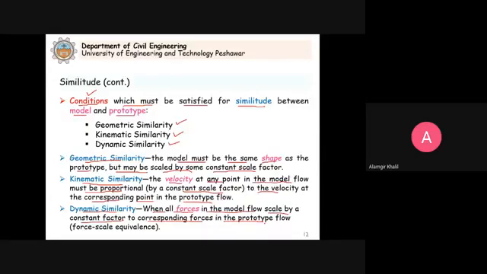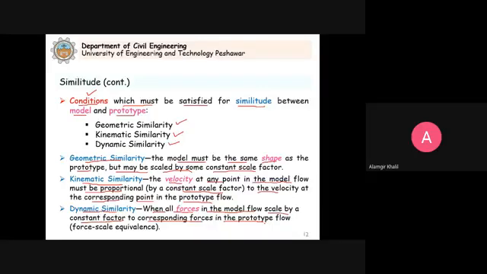So it means that when we have laminar flow in the prototype, in the model we should also have laminar flow. Because if in the model we have laminar flow and in the prototype we have turbulent flow conditions, then your results will not be accurate if you transfer the results from the model to the prototype.